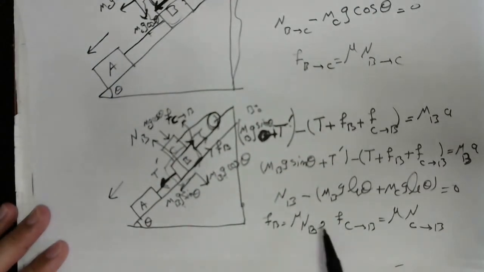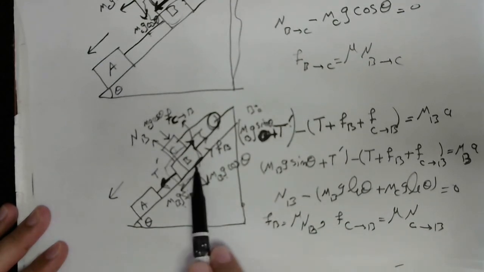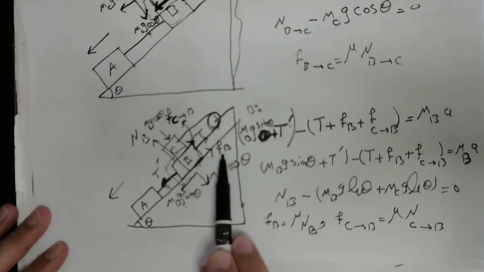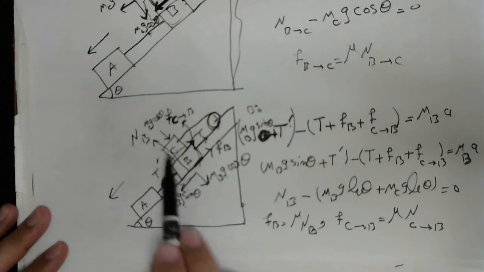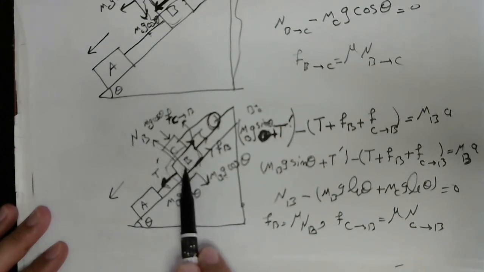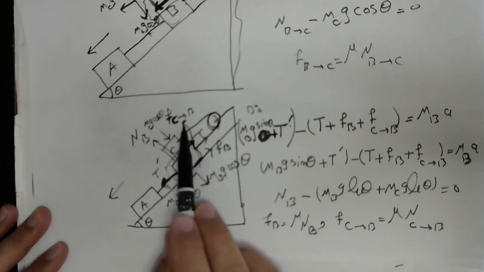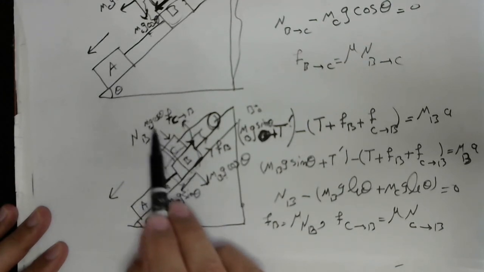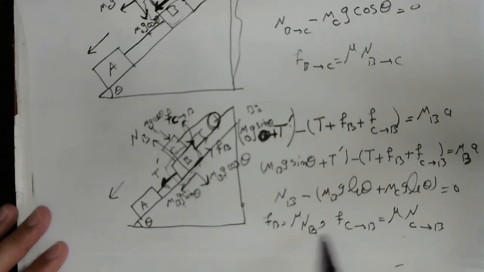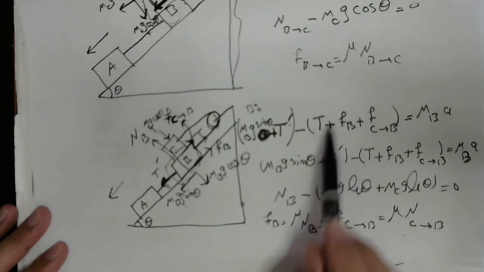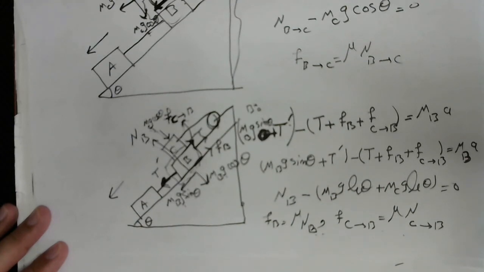This is the frictional force from the bottom surface here, related to the normal to the surface, and then there is another frictional force, which is C to B, FC to B, and this is related to this MCG cosine theta, which is here. So these two frictional forces can be calculated, and when you add them to the equation of motion, you can calculate the acceleration, for example.